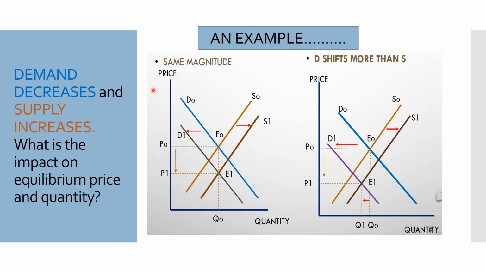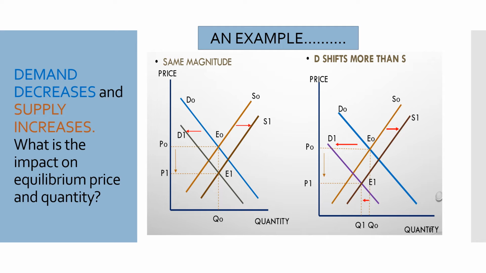And we can see price will go down. But once again, we can identify that the impact on quantity is going to be uncertain because my quantity has stayed the same. So I go in and I check, all right, what happens if I shift demand by a whole lot and supply by only a little? I can see here my price will still go down, but my equilibrium quantity will decrease.